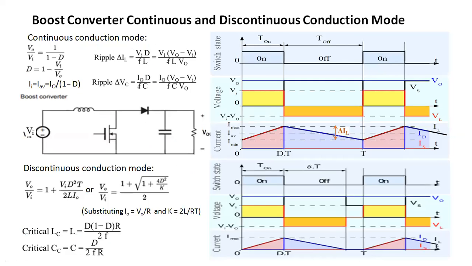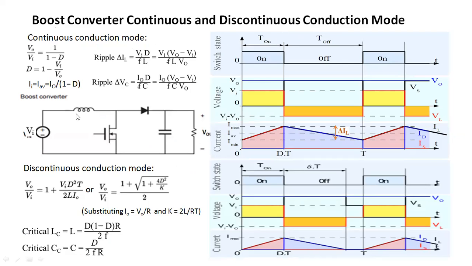Now we can see the formulas which we require to calculate the values of the parameters we use in the boost converter. We use the inductor and the capacitors, so we are supposed to find the values of L and C, like we solved in the buck converter.